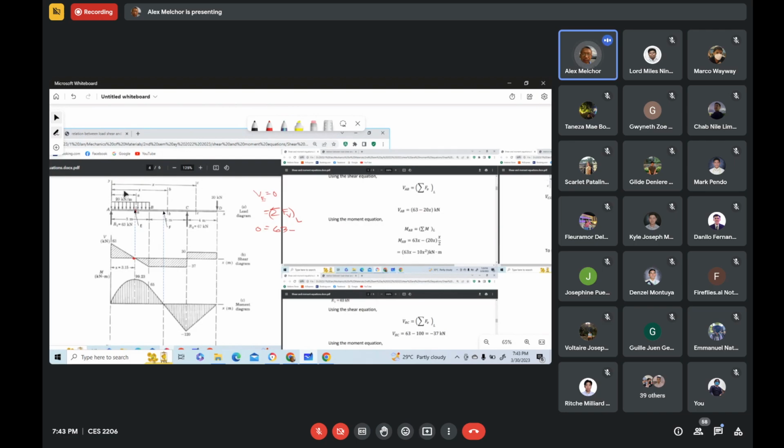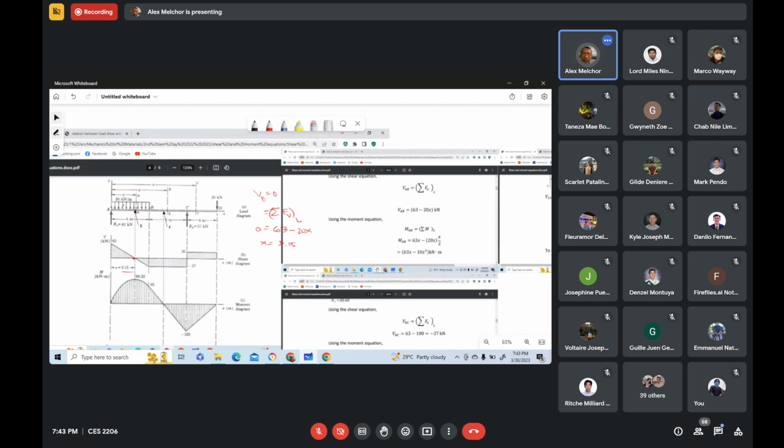Okay, that is the resultant of that portion of the uniformly distributed loading. So you cover the right portion of this section, and the resultant is 20x downward. So that will be minus 20x. So you can solve for x here, which is also equal to 3.15.